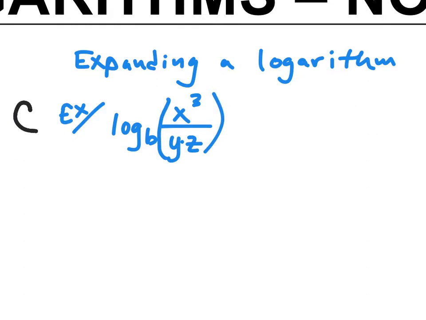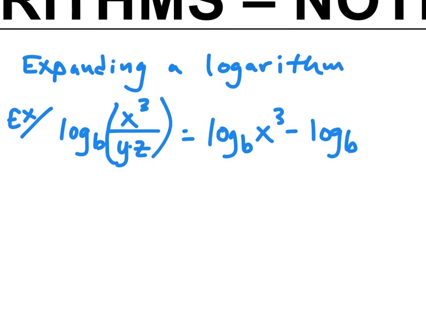Okay, so the first thing that I notice is that I've got a quantity of x cubed being divided by the quantity yz. So the first step is to separate this out and write it as the difference of logs. So I've got log base b of x cubed minus log base b of y times z.